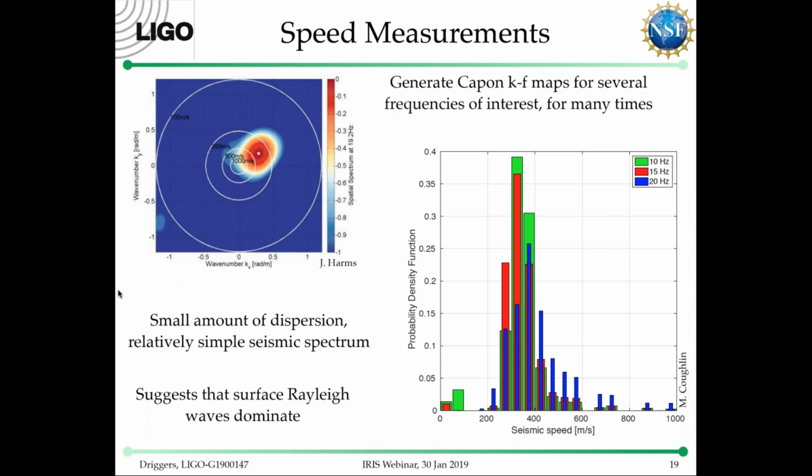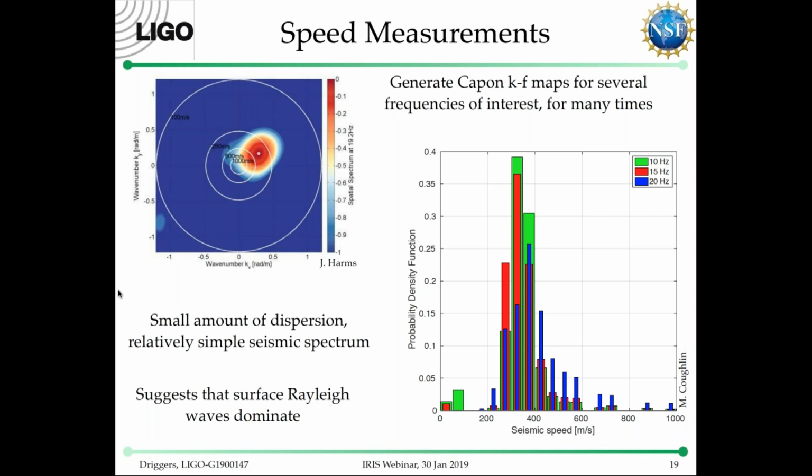And this suggests to us that surface Rayleigh waves are the dominant source of ground vibration right under our mirrors. And that was an important discovery for us because it implies that we only need vertical geophones and that we do not need to bury any seismic sensors under the ground.